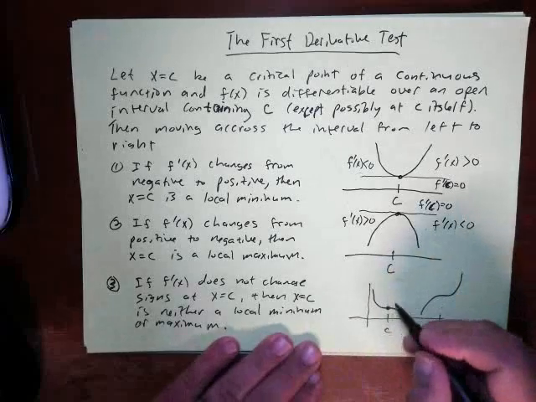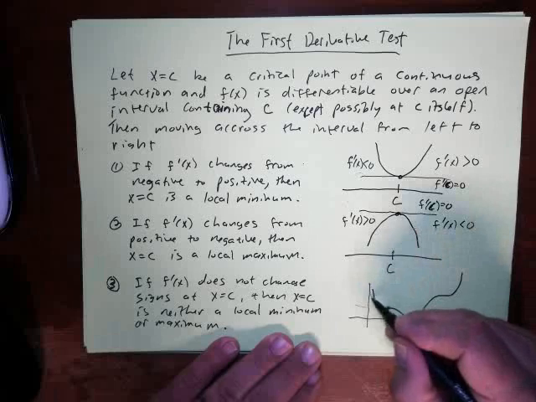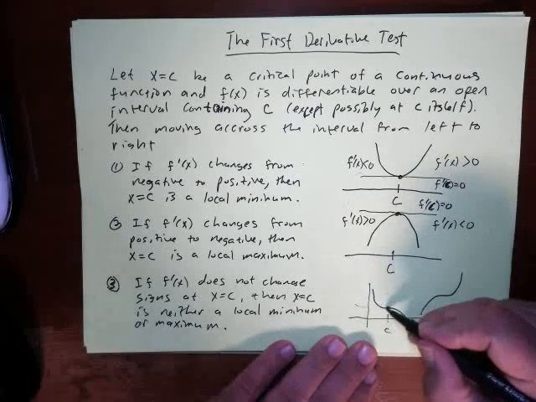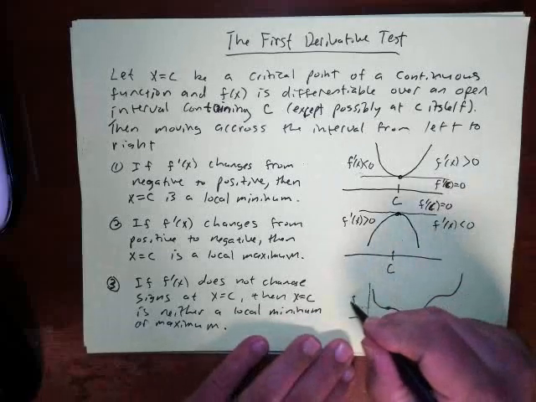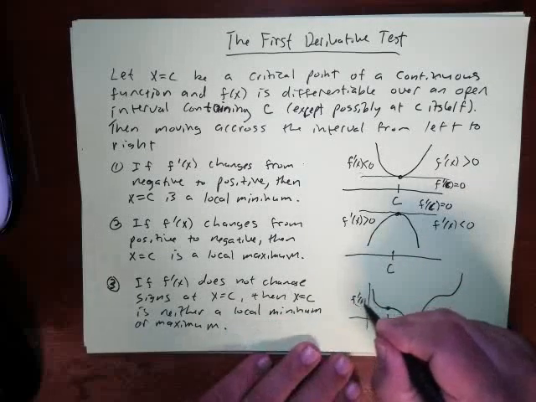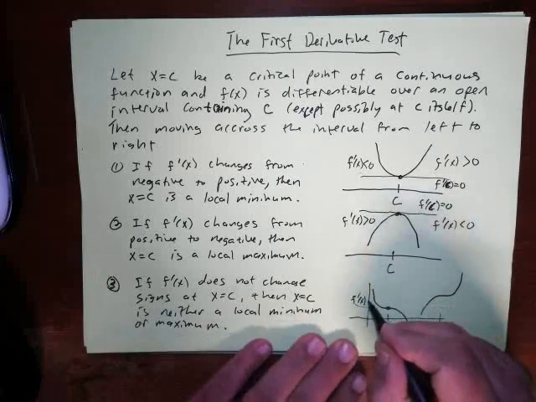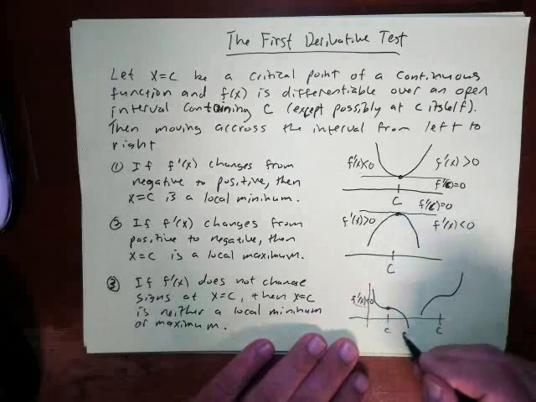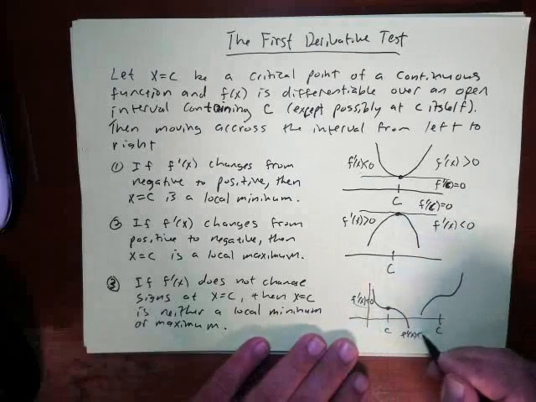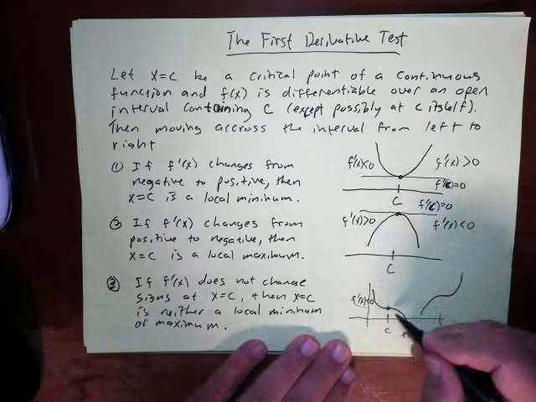Here you've got your horizontal tangent, but the derivative is negative, it's decreasing, it flattens out, and it keeps decreasing. So f prime of x is less than 0 on this side, and f prime of x is less than 0 on this side. It's decreasing the whole time.